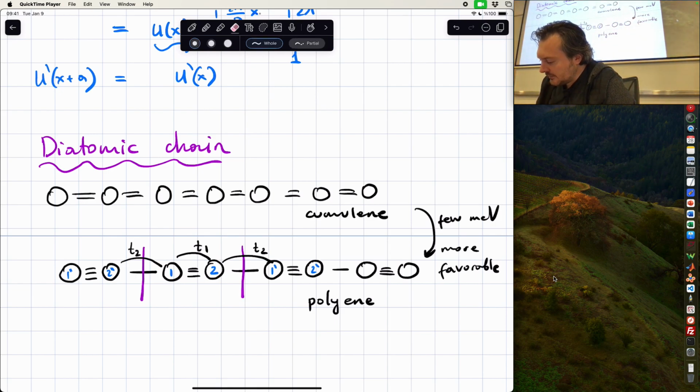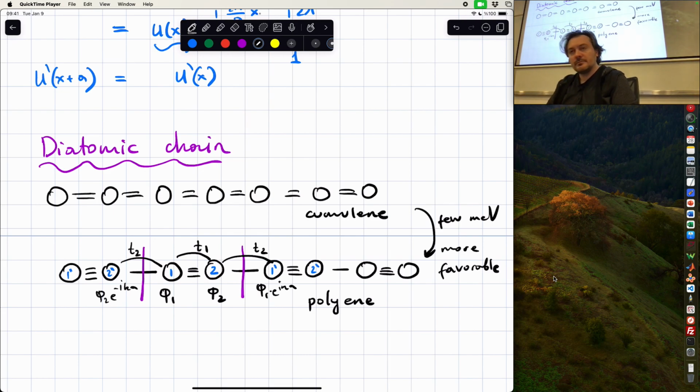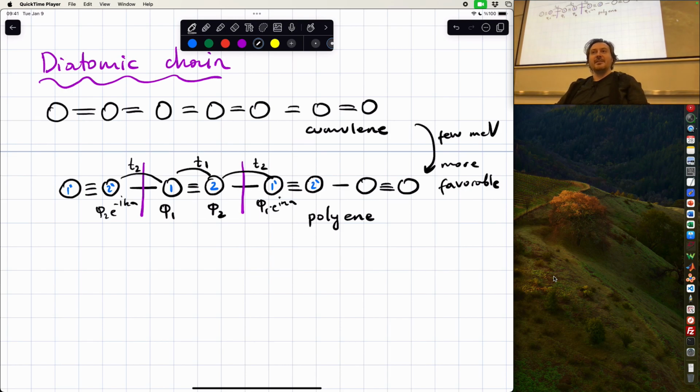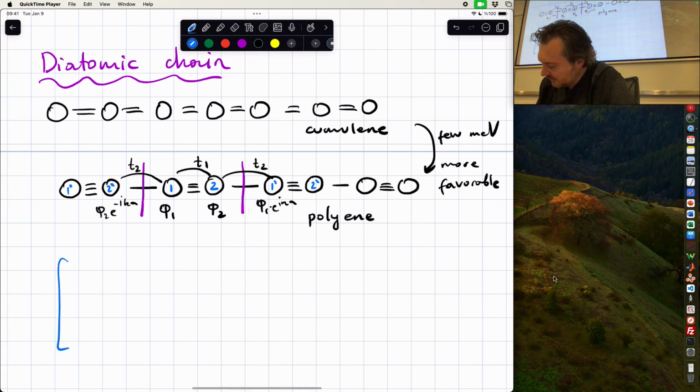But then again, you can call this one phi 1, this one phi 2, but this one is going to be phi 1 e to the iKa, and this one is going to be phi 2 e to the minus iKa. So when you construct your matrix, what is the size of the matrix? 2 by 2. You are following, very good.